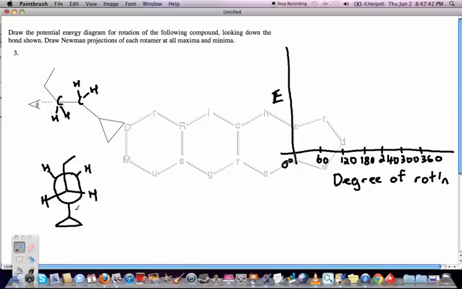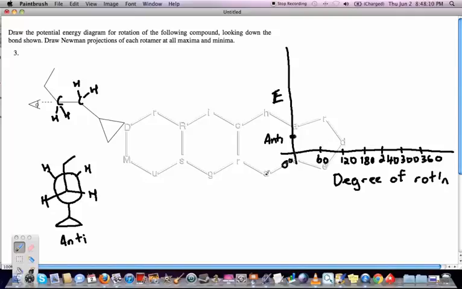There we go. So that's our first one, and I'm going to call that one anti. And that's going to be here. And it's important not to start it down here at 0, because it doesn't have 0 energy. It has some kind of energy associated with it. So that's anti right there.